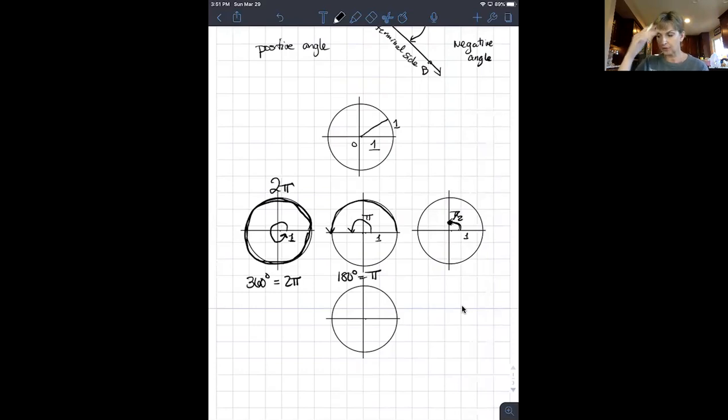And we learned that 1/4 of the way, our 90-degree angle, was pi over 2. And that is our first step in learning about what a radian is. 2 pi radians is 360 degrees, 1 pi radian is 180, and pi over 2 in radians is 90 degrees.